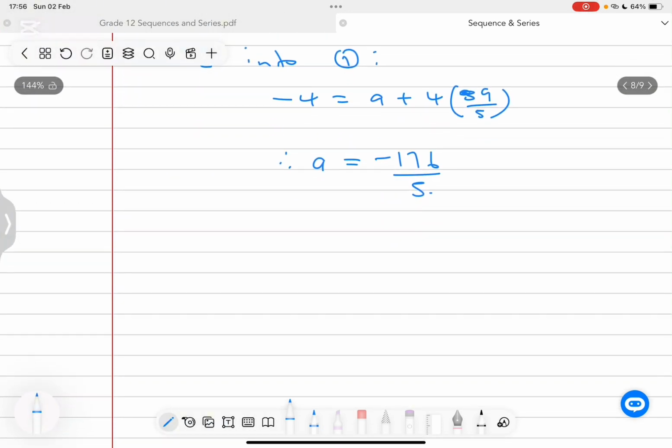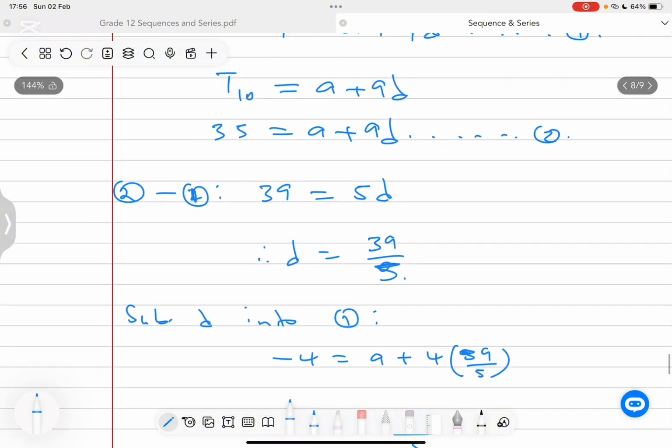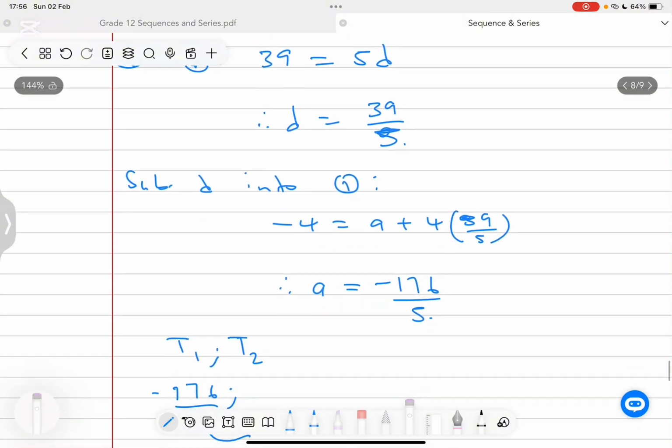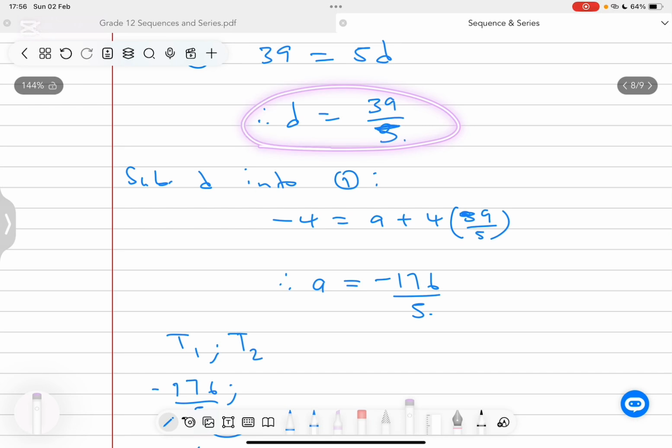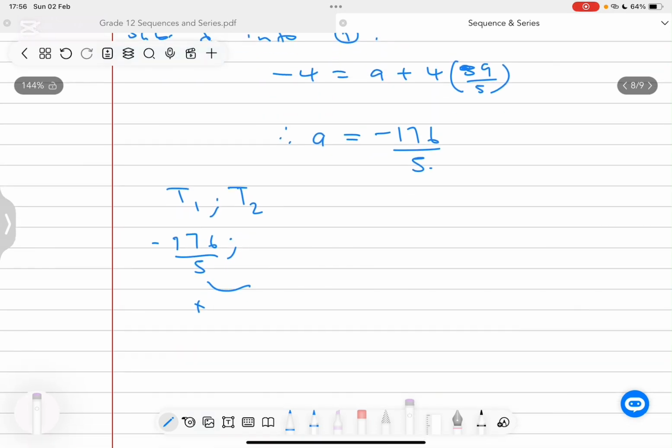Because this is an arithmetic sequence, it means my term 1 would be given by negative 176 over 5. But we know that to get to term 2 with an arithmetic sequence, we need to add the common difference, which here was defined as 39 over 5. So it means here I'm adding 39 over 5 to get the next term.